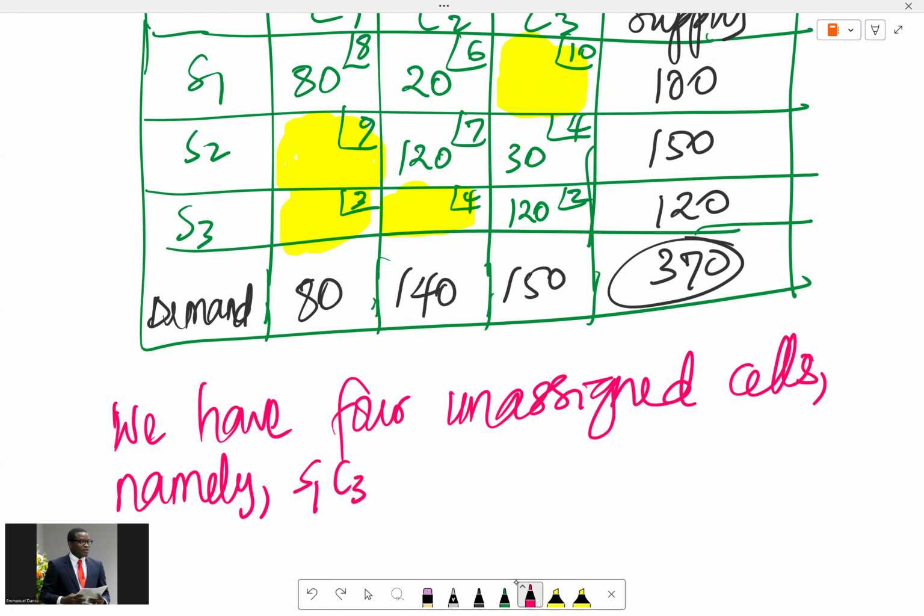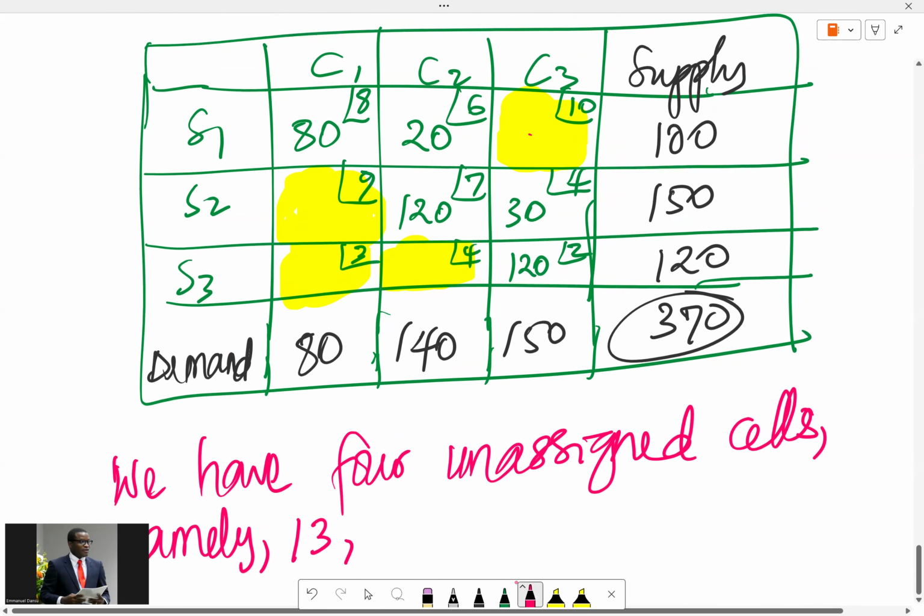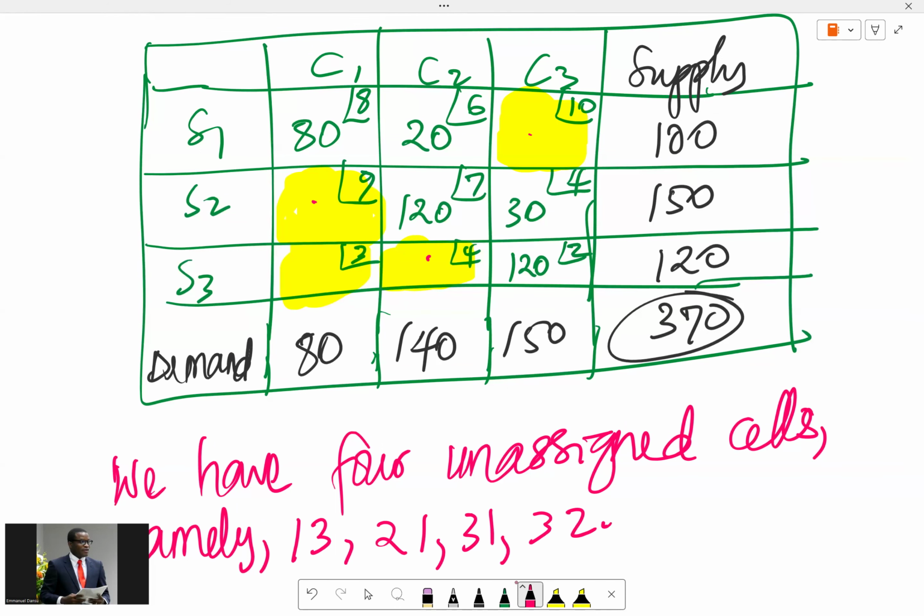Or maybe to make it easier, namely cell 1, 3, cell 2, 1. This is cell 1, 3. This is cell 2, 1. This is cell 3, 1. And this is cell 3, 2. So these are the 4 unassigned cells we have.